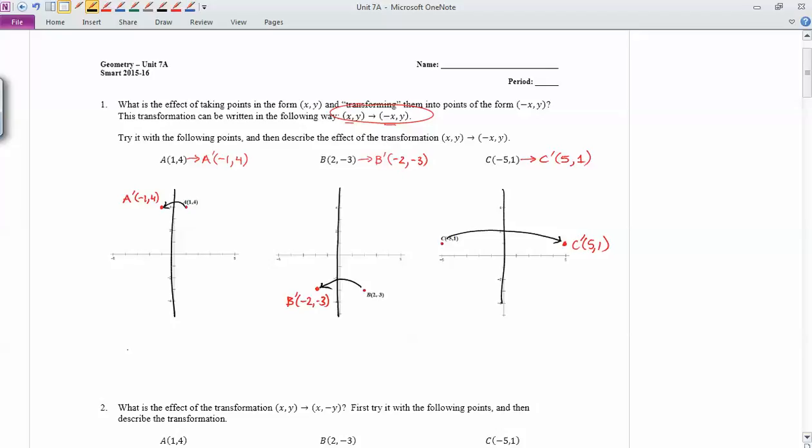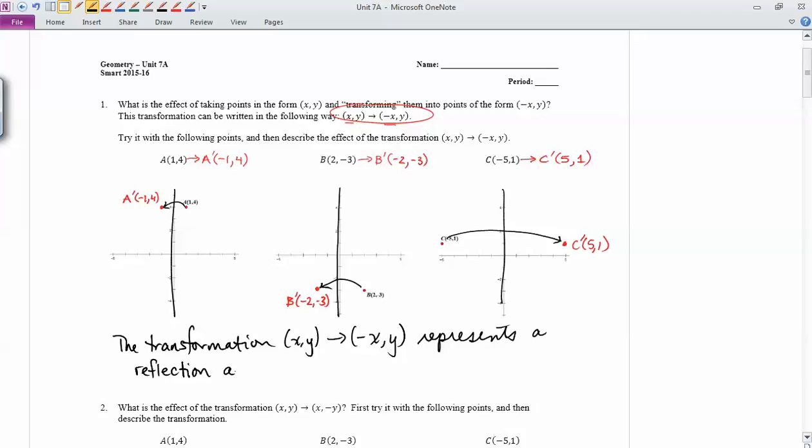So the math term for that, the way that I'll write this up, the transformation (x, y) turns into (-x, y) represents, now the math term for bouncing it across is reflection.